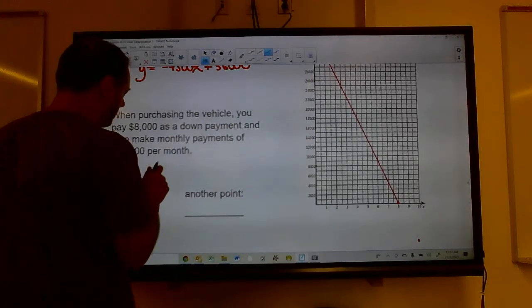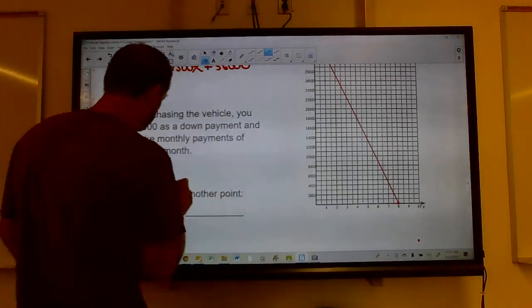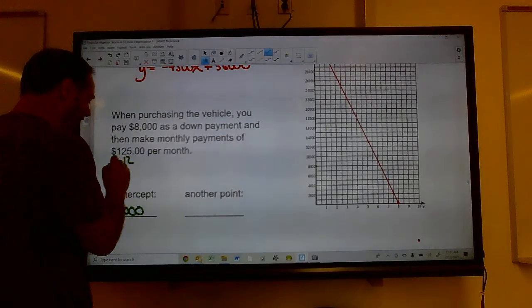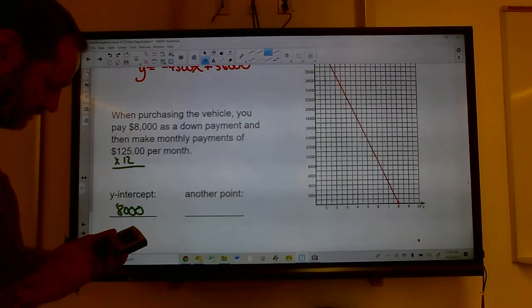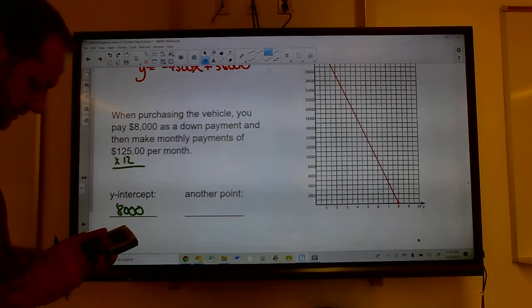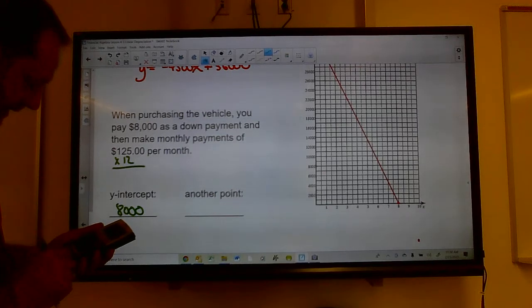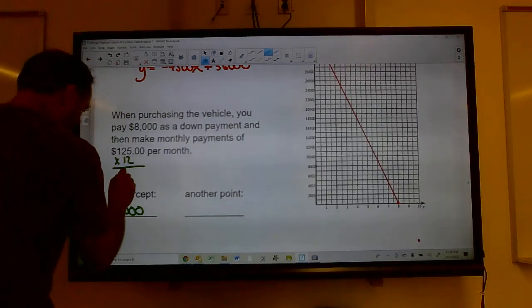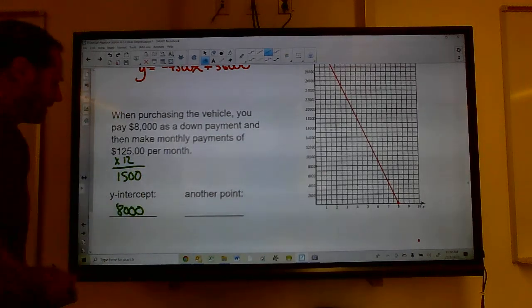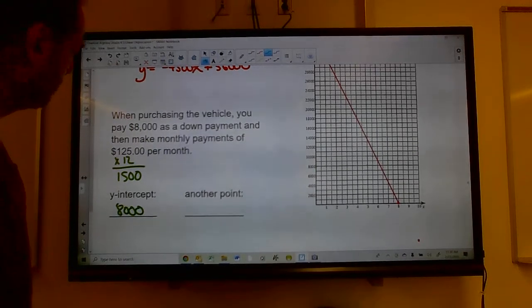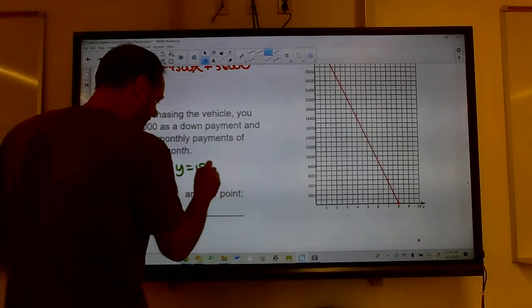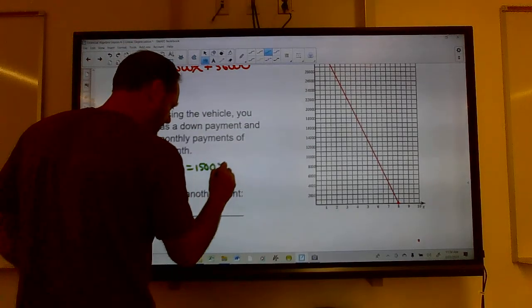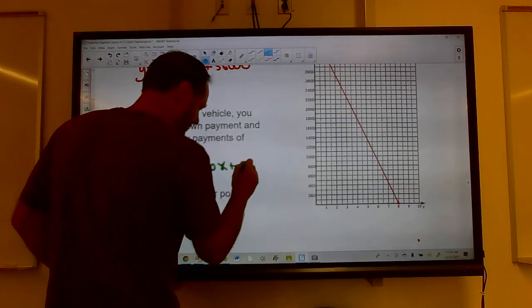So $125 a month, since this is in years, I want to convert this to years, so times 12. Is that 1,000? No. 1500, yeah, there we go. So my slope is going to be 1500. So my equation then is going to be y equals 1500x plus 8,000.